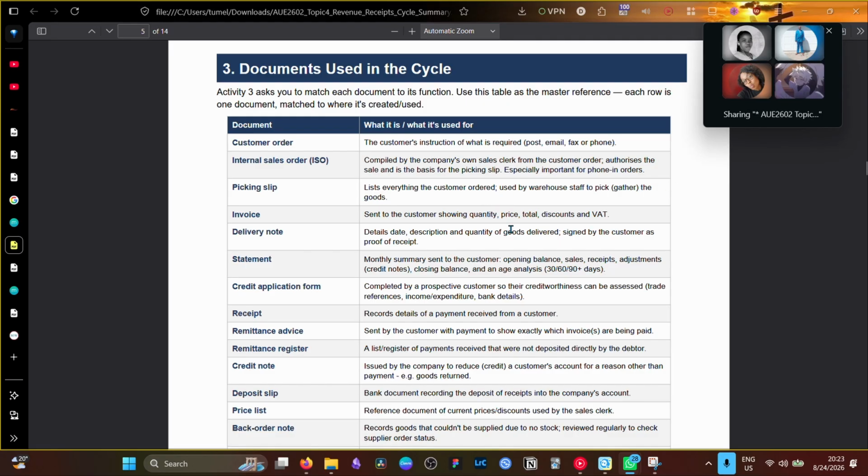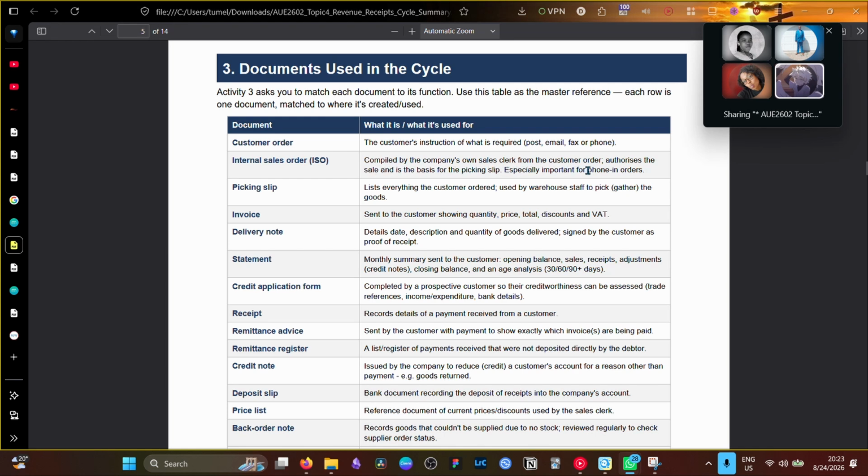Now wait, I just also want to check so that I don't just say stuff. Compiled by the company's own sales clerk from the customer's order, authorizes the sale and is the basis for the picking slip.